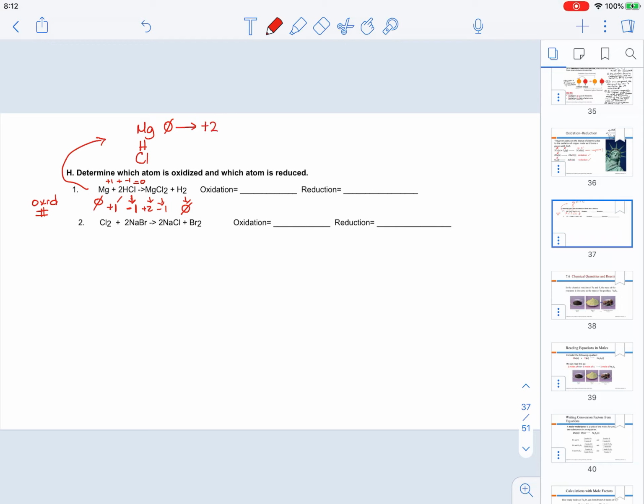Hydrogen went from +1 to 0. And chlorine went from -1 to -1. So chlorine specifically, because there wasn't any change in the oxidation number, is known as a spectator ion, because it was present in the reaction, but it didn't have any gain or loss of electrons.